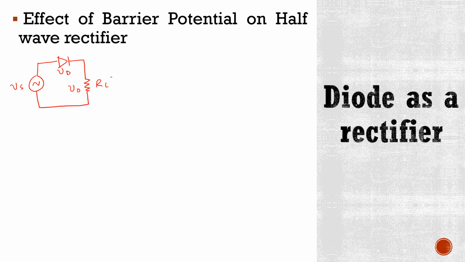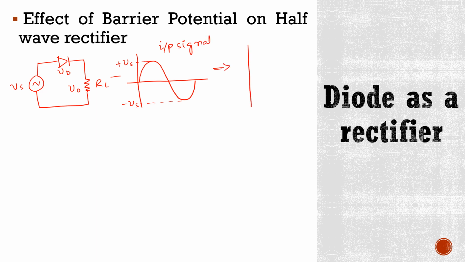Now if this is our input signal, where this positive half is plus Vs and this negative half is minus Vs, what will be the output voltage here?